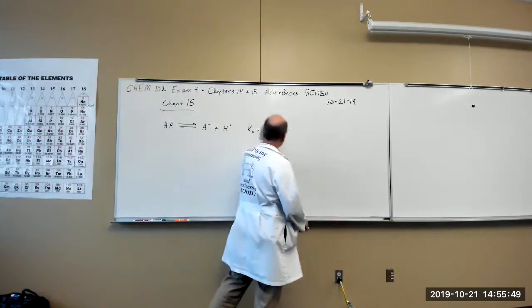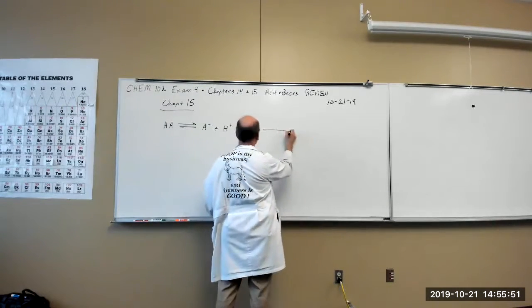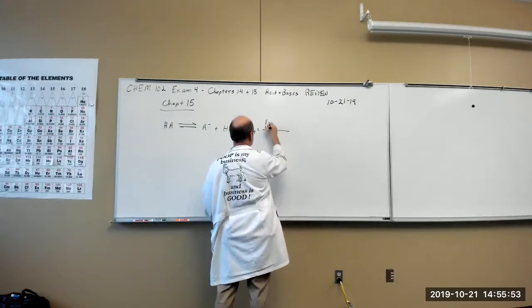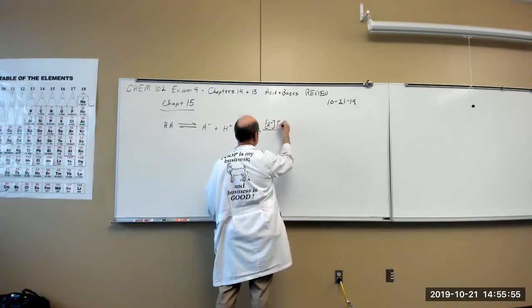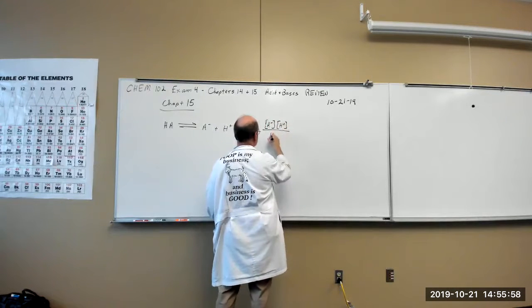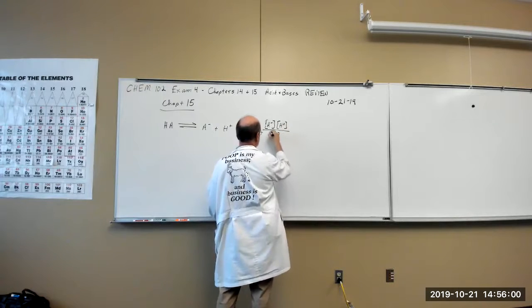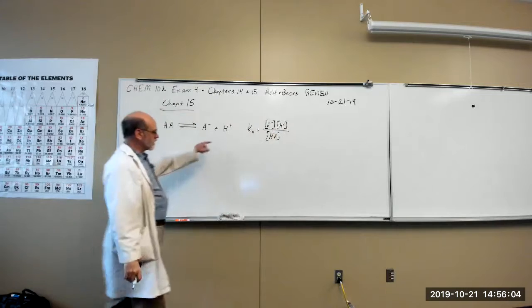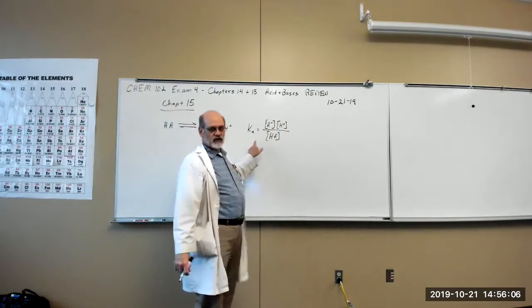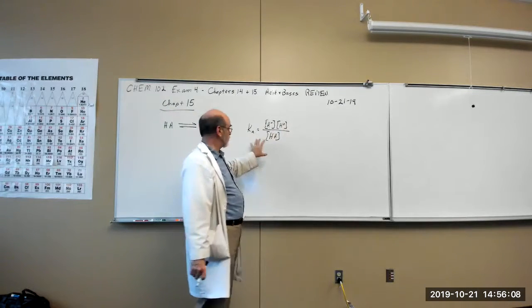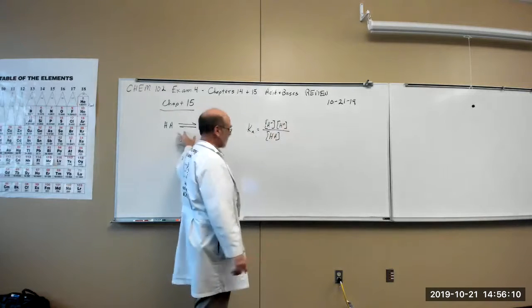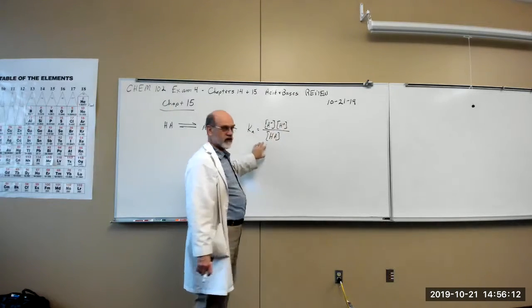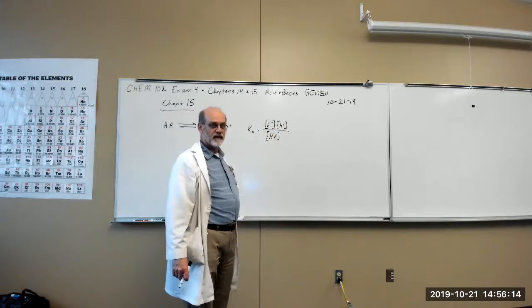Well, let's see. The Ka expression is going to be what? This one divided by this one. Okay? Once you get to this point, that's where you start deriving the equation. Because this is an equation. That's a reaction. This is the equation. So what do you do first?